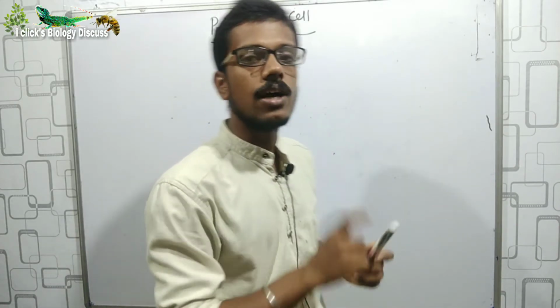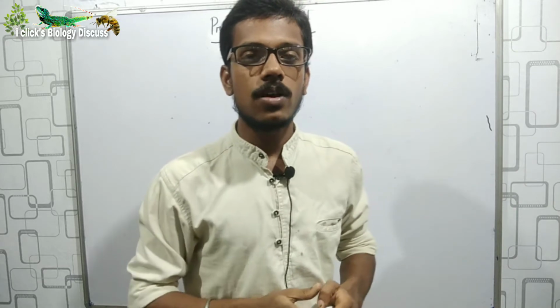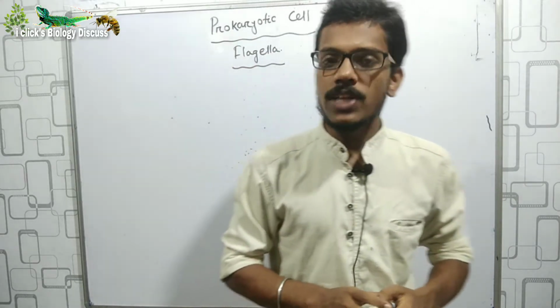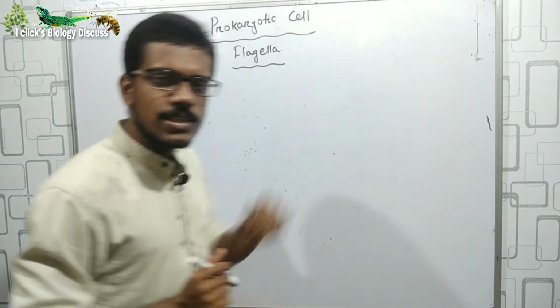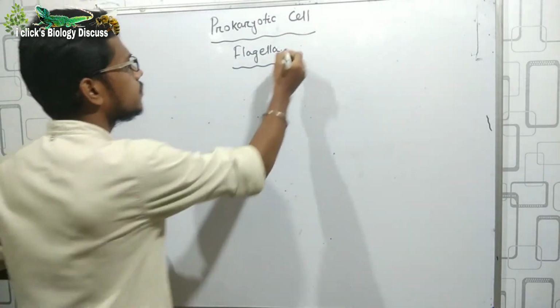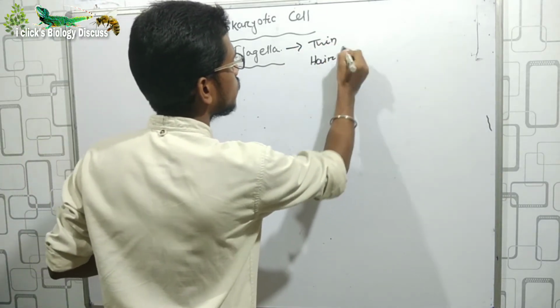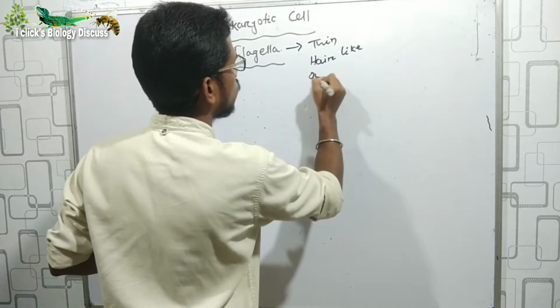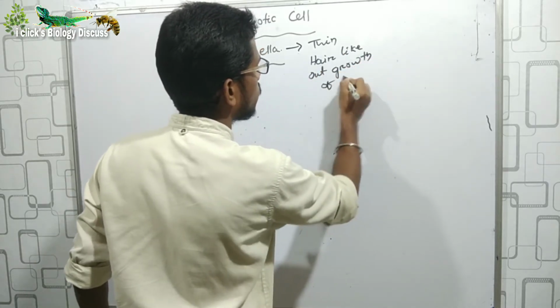Suppose a bacteria. The bacteria can move from one place to another by an organ that is called flagella. Okay, so these are very thin, hair-like outgrowths of a plasma membrane.